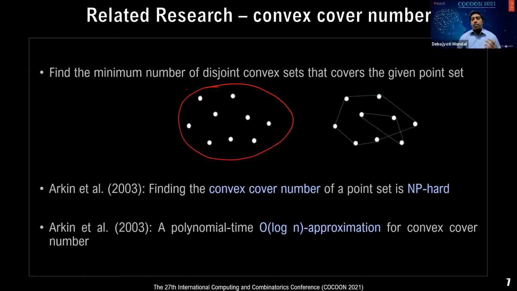This problem feels similar to our problem, bottleneck convex subsets, but the objectives are different. Here we want to minimize the number of convex sets, but in the bottleneck convex subset problem, we are given the number of convex sets we want to have, and we try to maximize the cardinality of the minimum convex set.